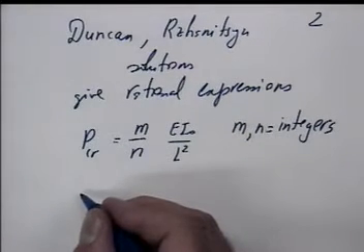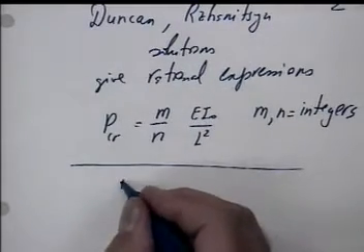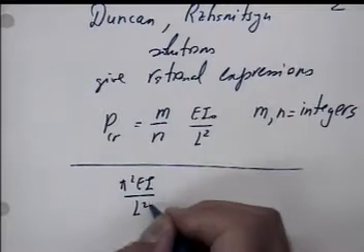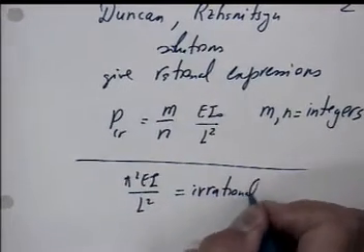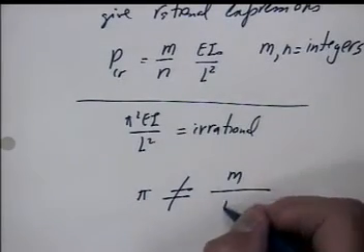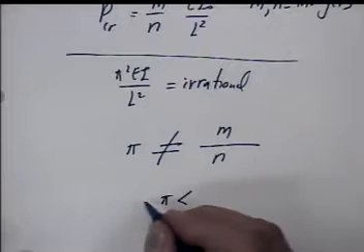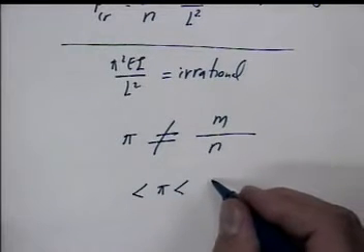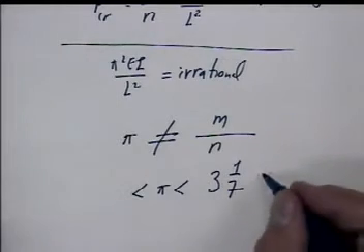Now, irrational expression, say pi squared EI over L squared, is irrational, because pi cannot be put as m over n. It can be approximated. I think 3 and 1/7, which is 22/7.